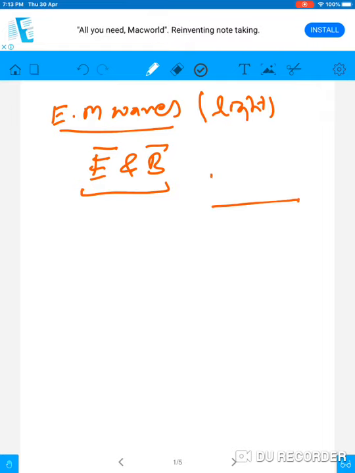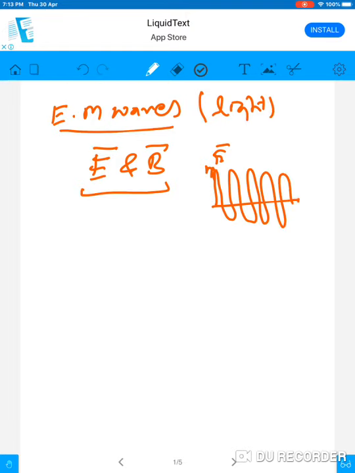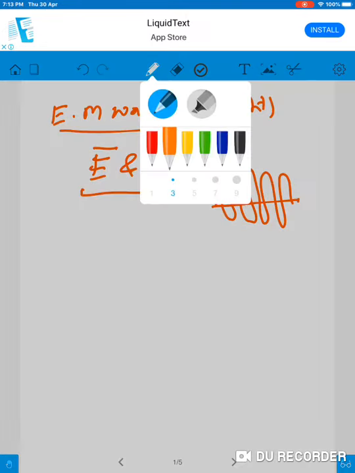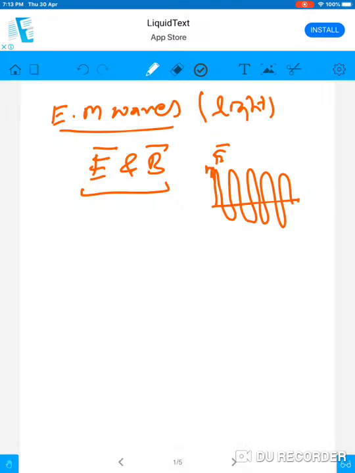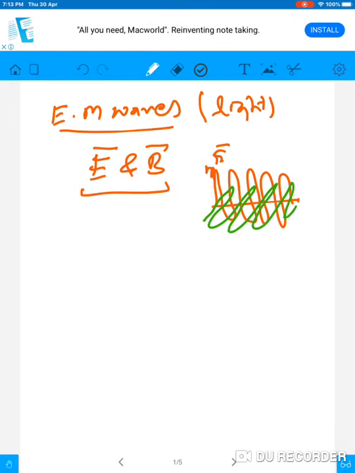If the electric field vibrates in this direction and the magnetic field vibrates in this direction, then both E and B are perpendicular to each other, and they are perpendicular to the direction of motion as well. If this is the k vector, that is the direction of motion. That's why the nature of these waves is transverse.